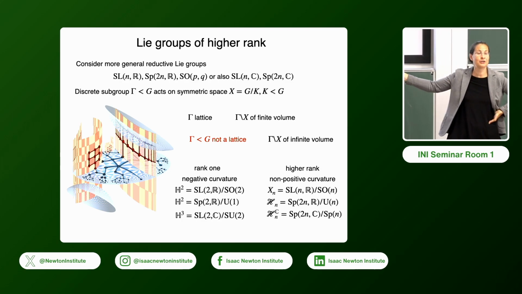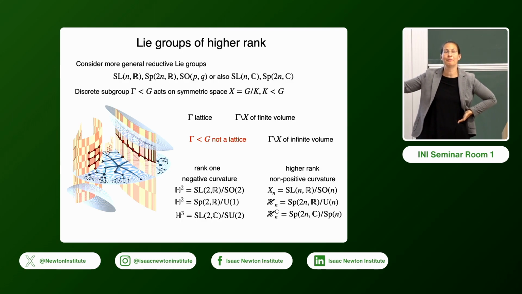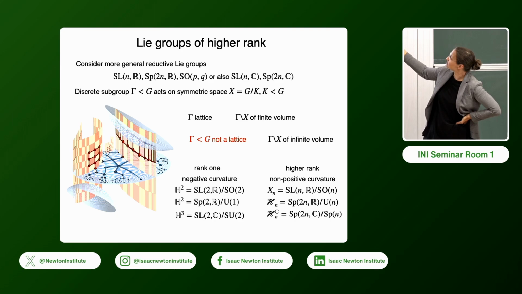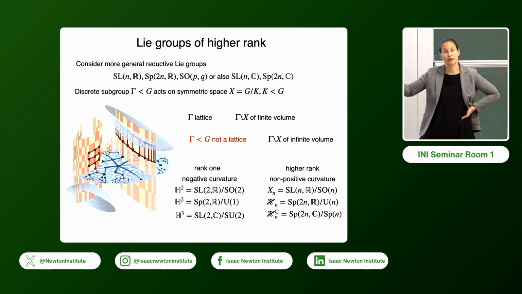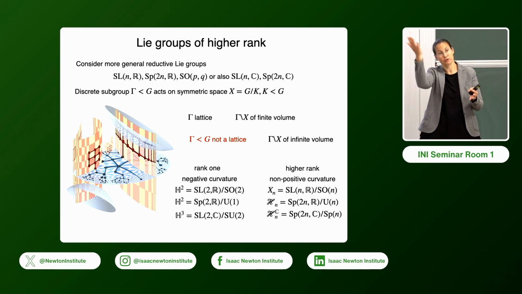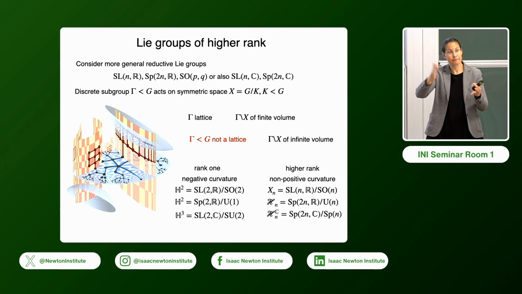Okay, so I can say one word about this picture. It illustrates the idea of what a symmetric space of higher rank looks like. You have flat subspaces, here of dimension 2, and in some sense transversely to that, you have negative curvature, so you have hyperbolic planes or also higher dimensional hyperbolic spaces.